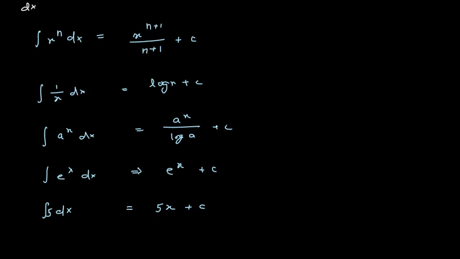Now a very important thing: whenever x is replaced by some function of the form ax plus b, where a is some number and b is also some number, b could also be 0, and say it is the whole power n into dx, then in the solution you will write ax plus b the whole power n plus 1 divided by n plus 1, as we see in this formula.